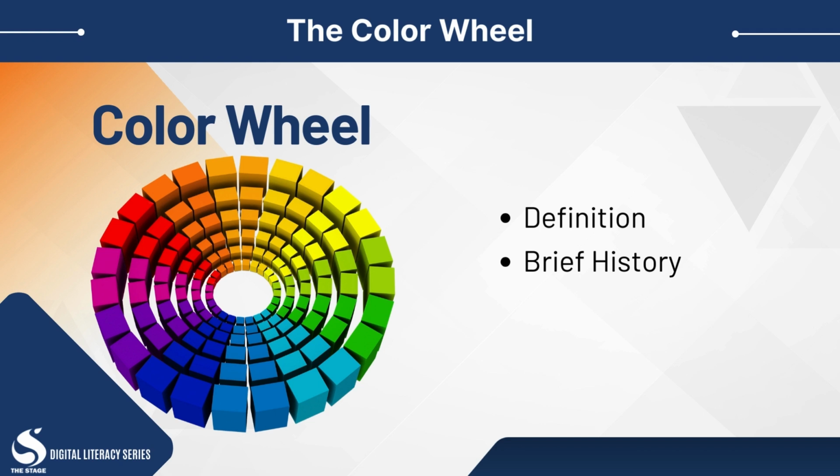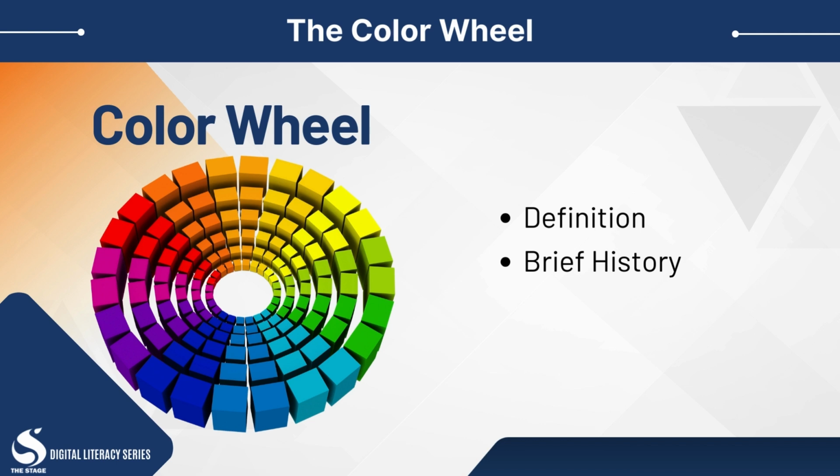So that's how far back the color wheel goes. When you think of a prism, I sometimes think of a rainbow and how it has the different hues. That is essentially what this color wheel comes out of.